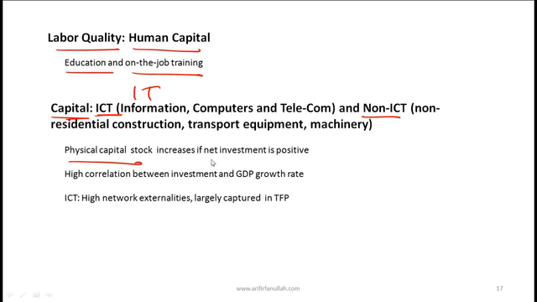This capital increases if net investment is positive. So if investment is made, that essentially means that we are investing money in our physical capital. And there is sufficient data which shows a very high correlation between investment and GDP growth rate. So more capital is good, but as we've seen earlier, there are diminishing returns here.